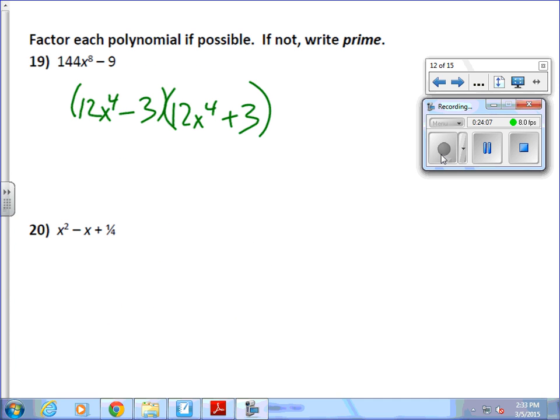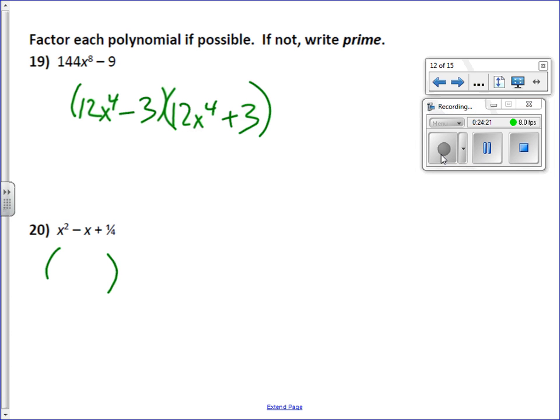Okay, since 144x to the 8th and 9 are both perfect squares, I can break that up into 12x to the 4th minus 3 and 12x to the 4th plus 3. And down here, I'm looking at two numbers that multiply together to give me 1/4 and add together to give me negative 1.